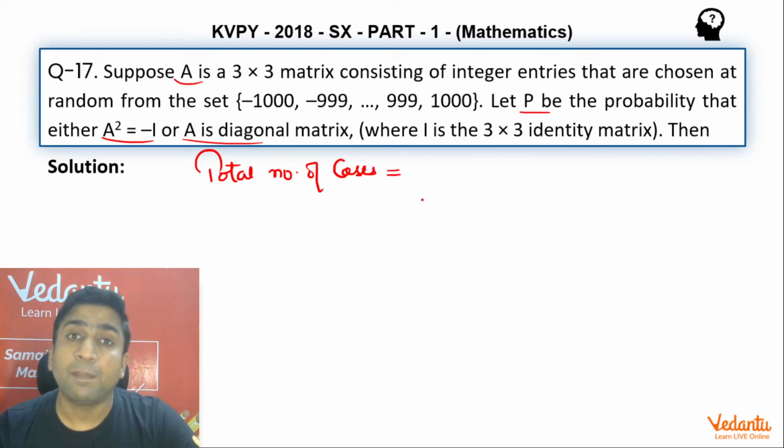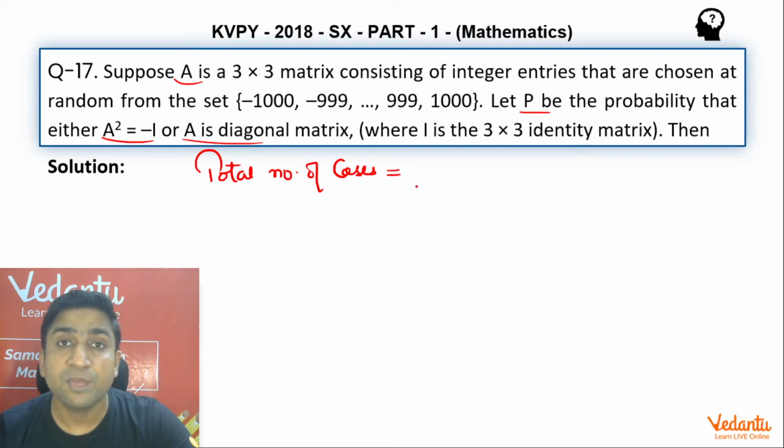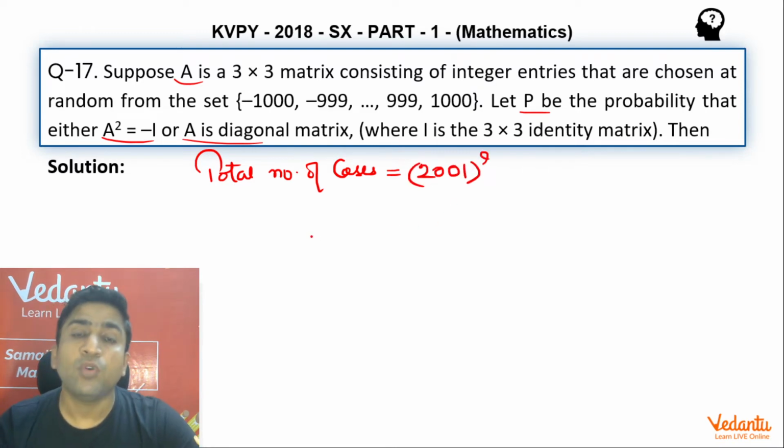For every place you'll have an option of 2001 options, since the entries we are using are from minus 1000 to 1000. So for each place we'll have 2001 options, and for 9 such places I'll have 2001 to the power 9. This is the total number of cases.